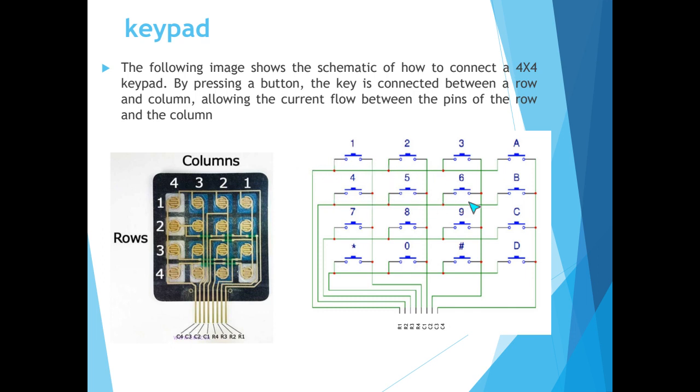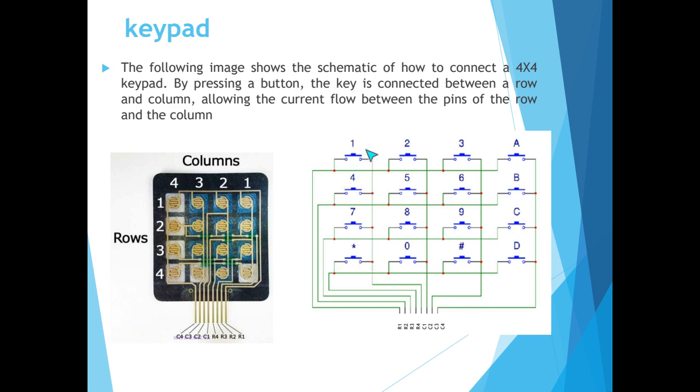You see that, for example, in this row and this row, all of the keys from the left side are connected to each other, and also you see that I called, for example, this row R1, this row R2, R3, R4.